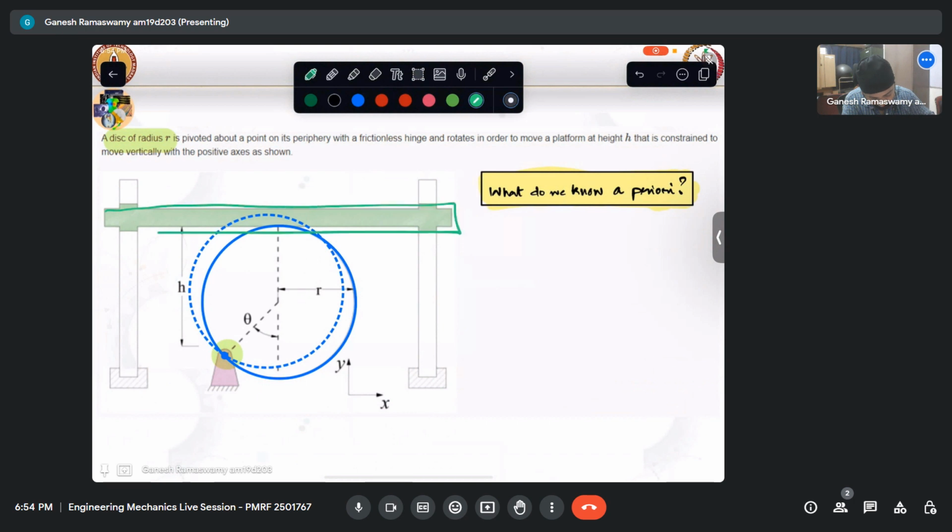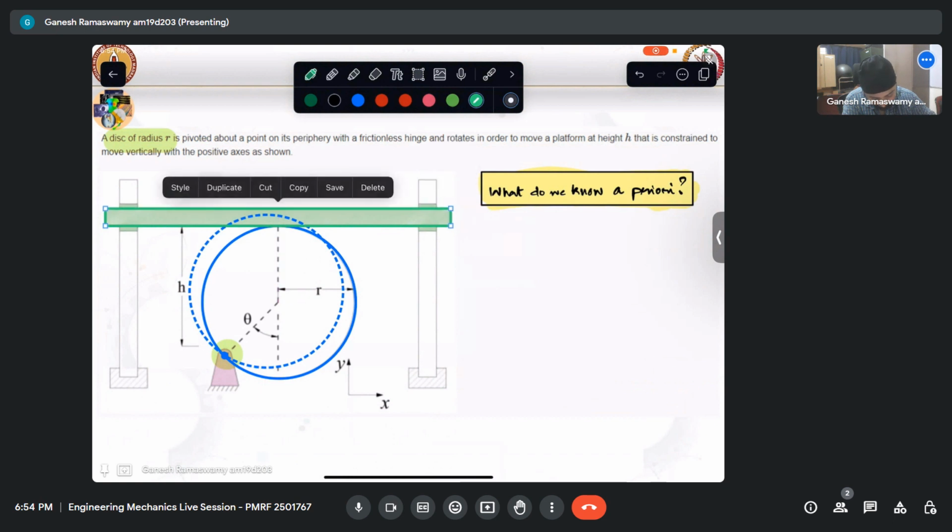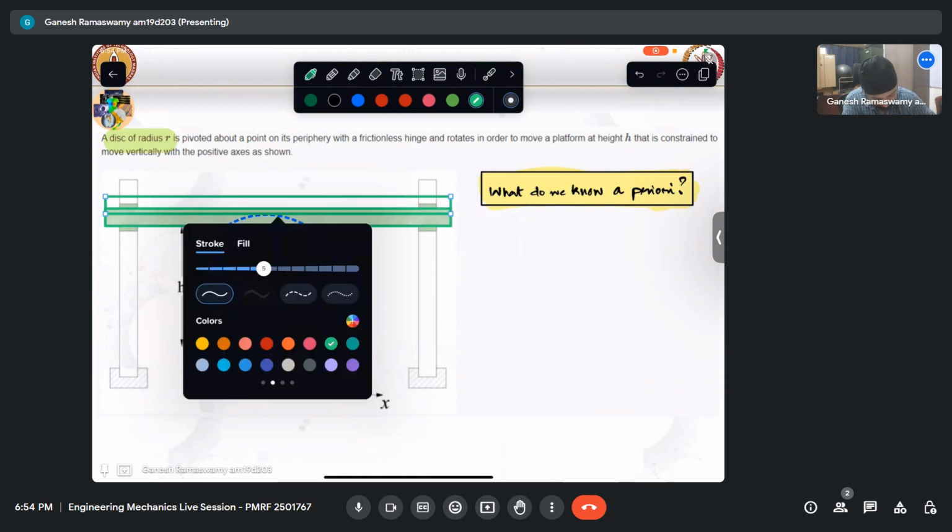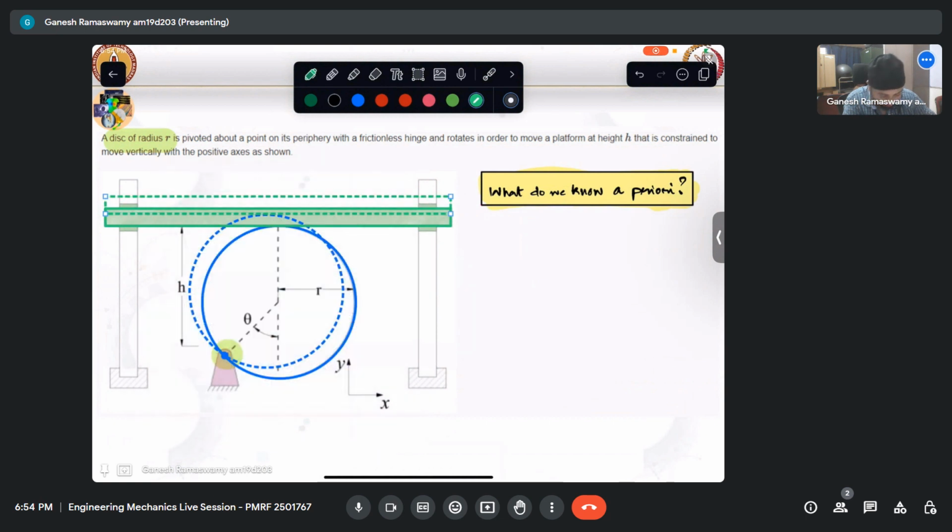This is the initial position of the platform, and after some time it would have moved like that. The dotted one is after some time, and it is constrained to move vertically with the positive x and y as shown. So this x and y is given.